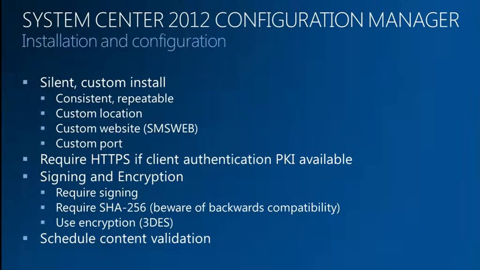Just make sure that all of your content is accurate against your source files, and you can schedule that to occur on a regular basis. It's resource intensive, but it's a great way to validate all that content and make sure that it actually is what's in the original source. This assumes that you're protecting your source files, your package sources, and that no one has gone out and made a modification on the DP.